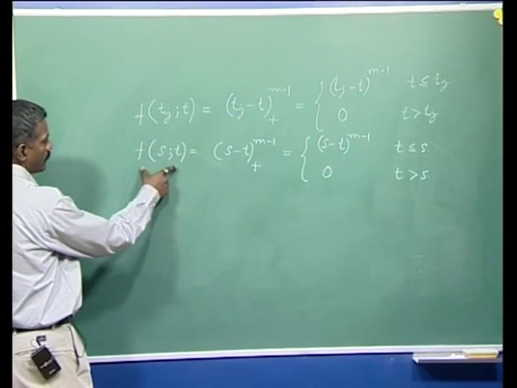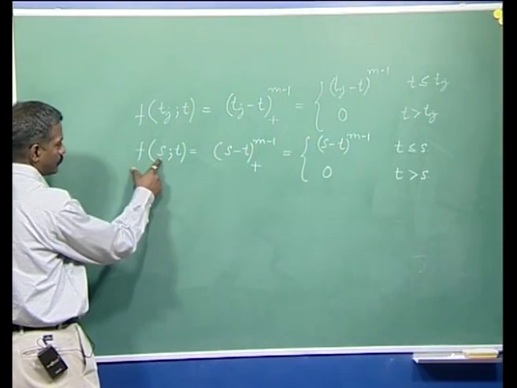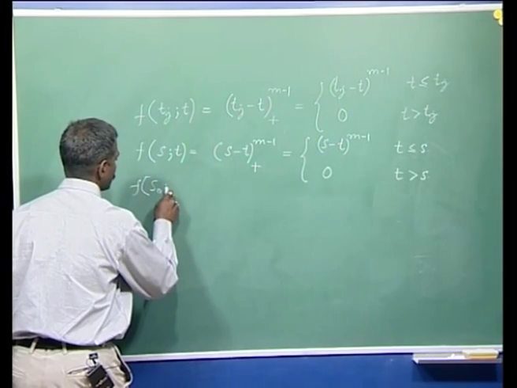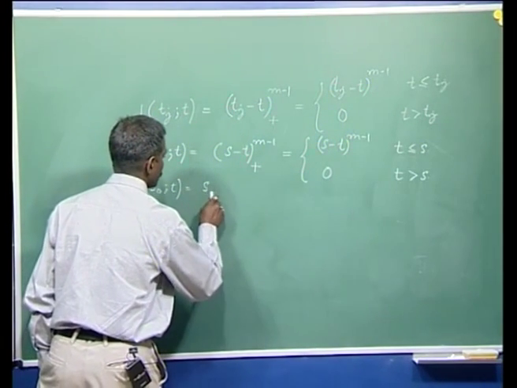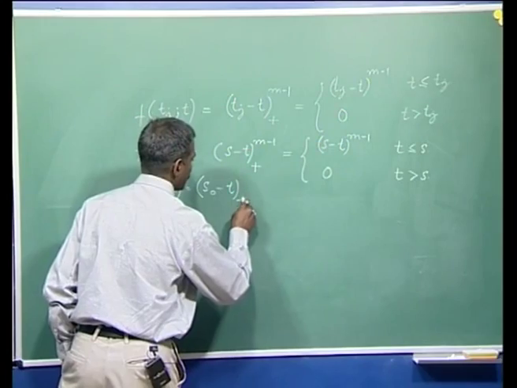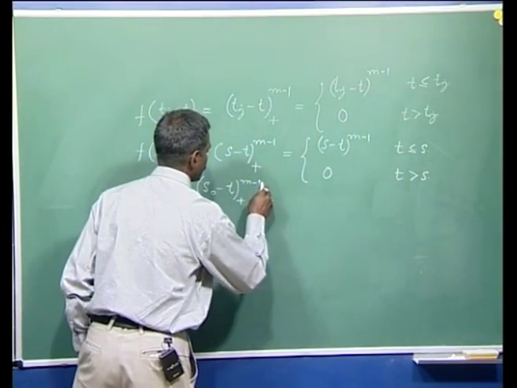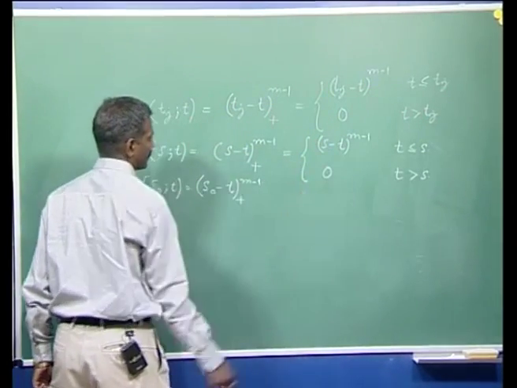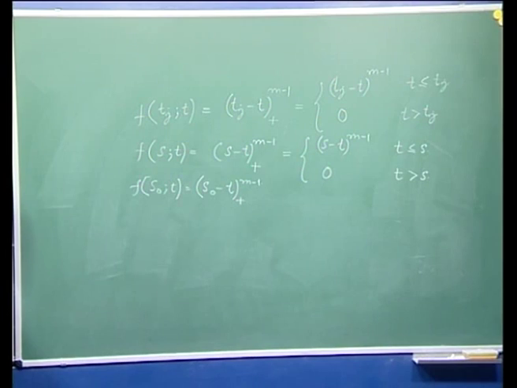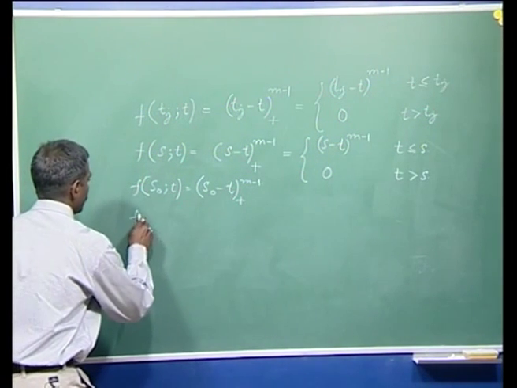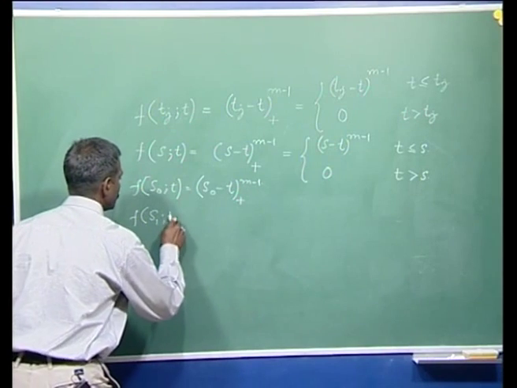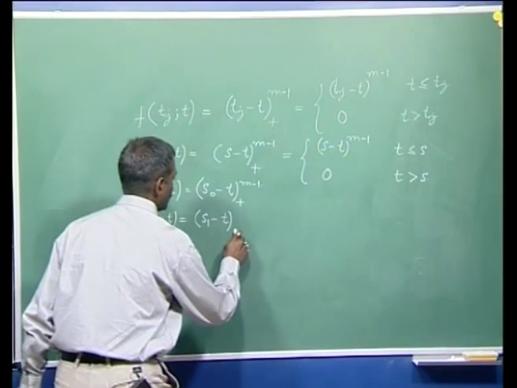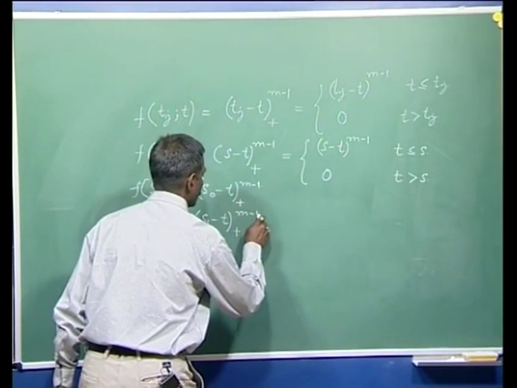Say if I want to evaluate this function at s0, I'll say that f(s0 : t) is equal to (s0 minus t) truncated raised to m minus 1, with this information implicit. Likewise, f(s1 : t) equals (s1 minus t) truncated m minus 1.